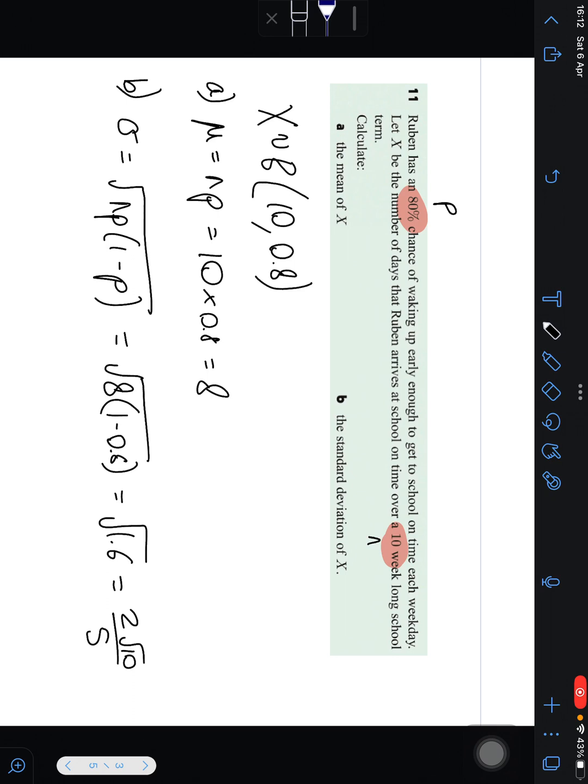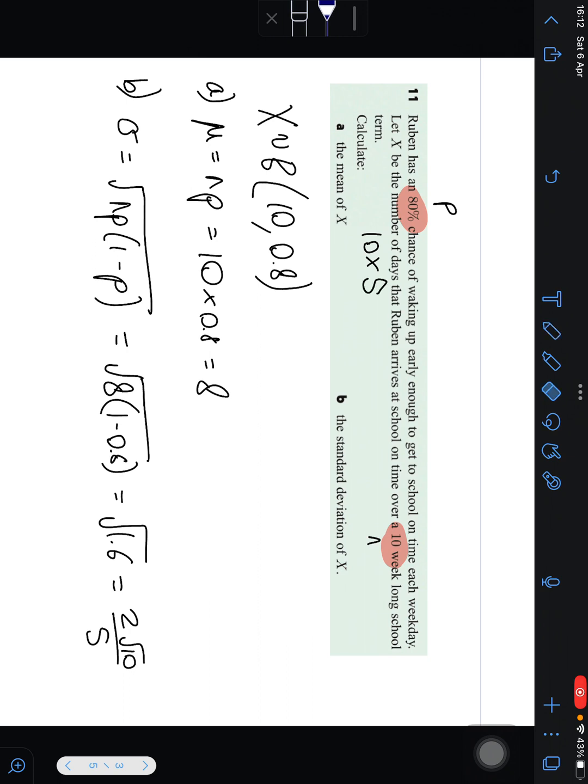Oh, okay, I see. I've made a mistake here. And my mistake is simply that 10 weeks long, I've taken that to be my value for n. In fact, it's the number of days. And so what I need to do is I need to do 10 times 7, I think. Because, weekdays. Well, there's only 5 weekdays, isn't there?